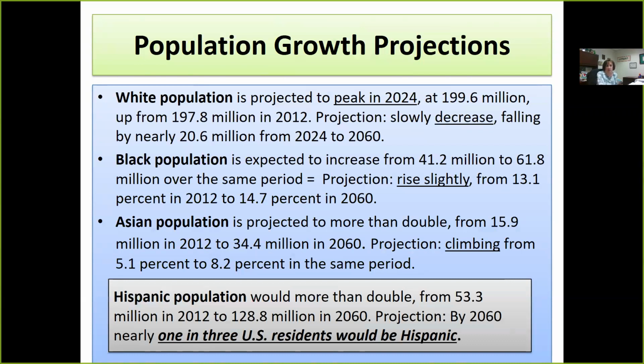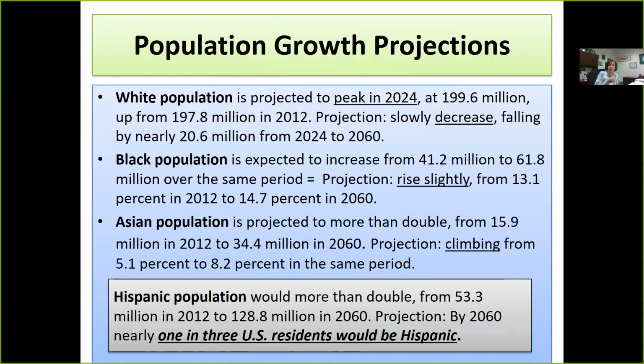The Black population is expected to increase from 41.2 million to 61.8 million over the same period, rising from 13 to 15% in that time frame.